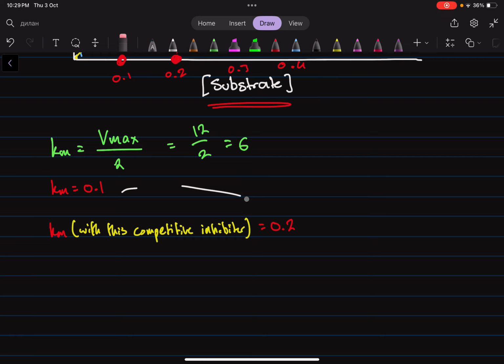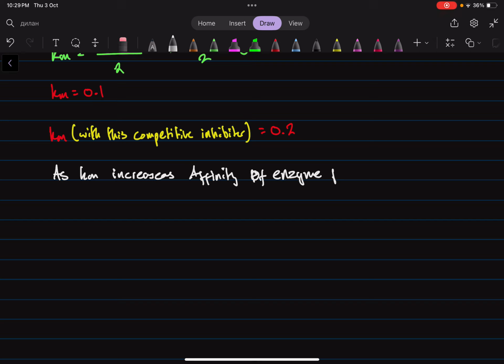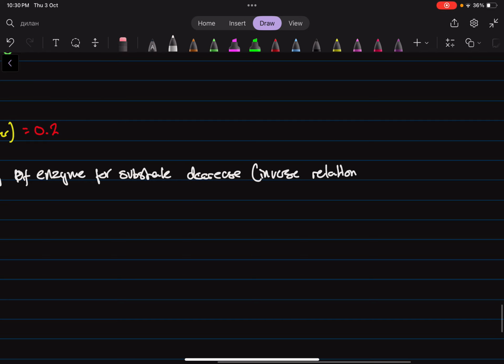So that means that basically the mark-scheme point is, as Km increases, affinity of enzyme for substrate decreases. It's an inverse relationship between Km and affinity of enzyme for substrate.